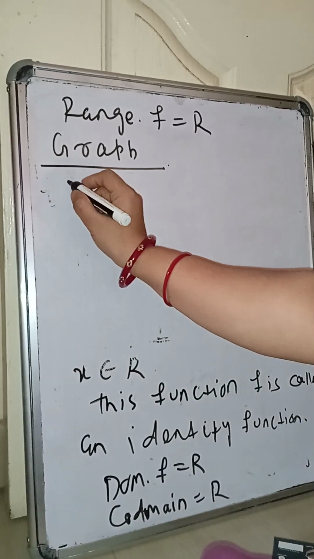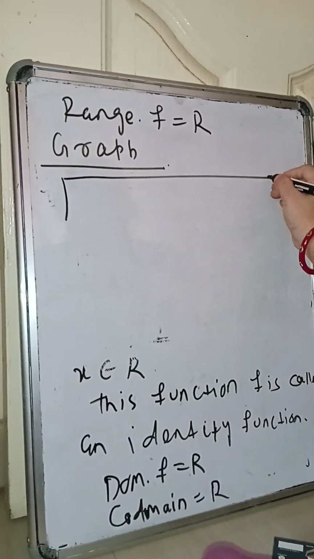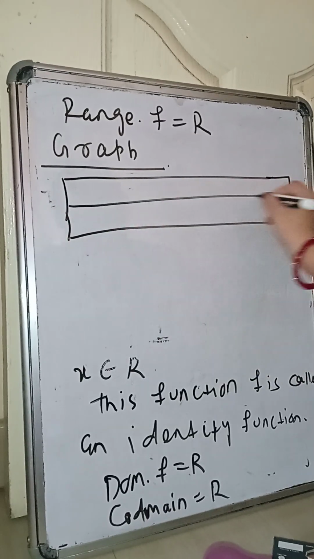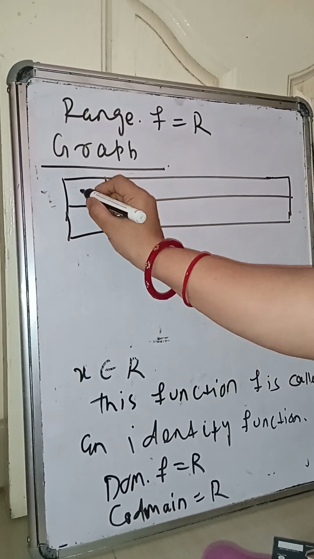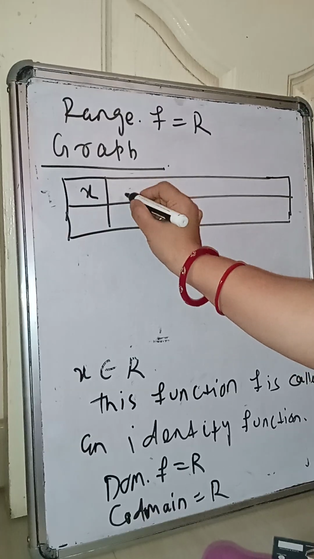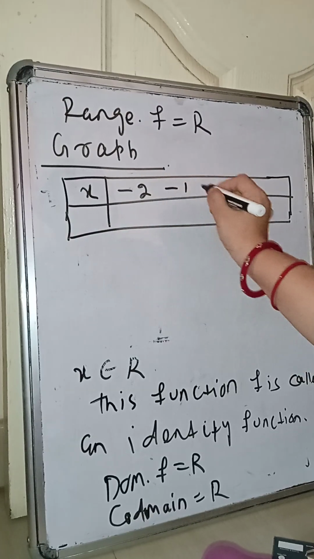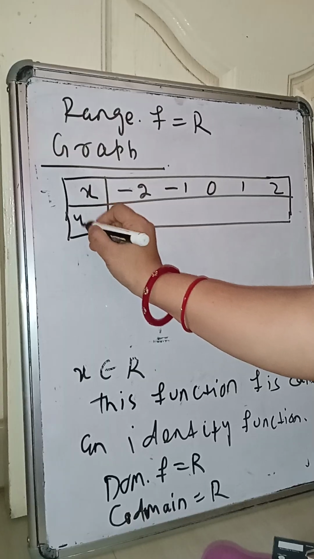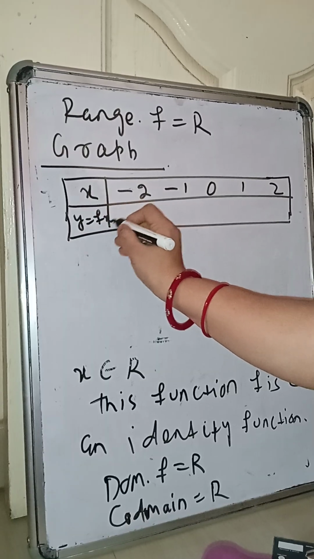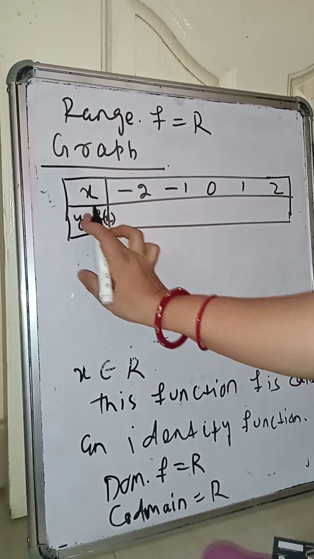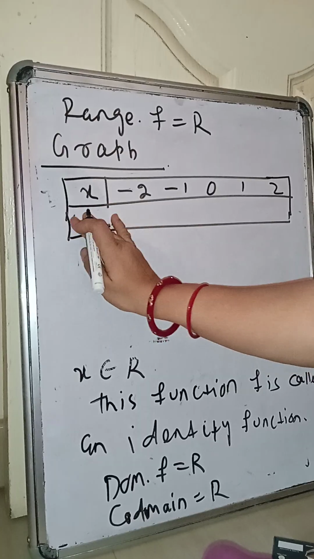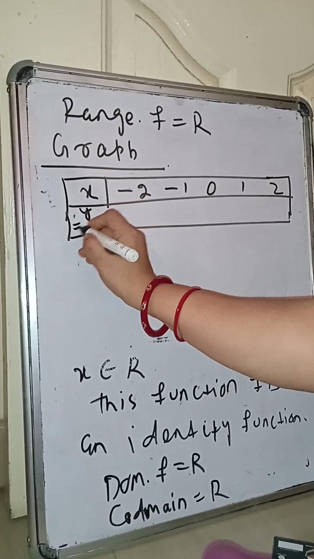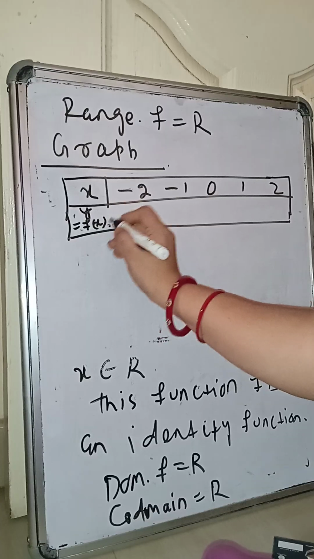In this case, first you consider a table, taking some values of x. Suppose we take x values -2, -1, 0, 1, 2, and this y is your f of x. Y equals f of x.